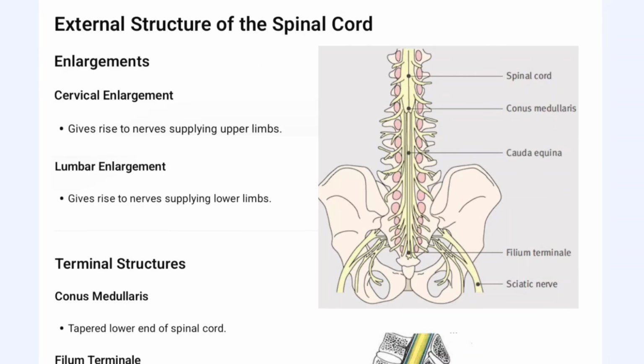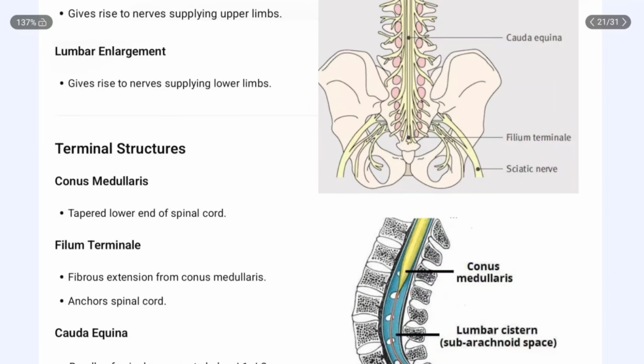Now, let's see the external structures of the spinal cord. At first, enlargements. Cervical enlargement gives rise to nerves supplying upper limbs. Lumbar enlargement gives rise to nerves supplying lower limb. Terminal structures. Conus medullaris, tapered lower end of the spinal cord.